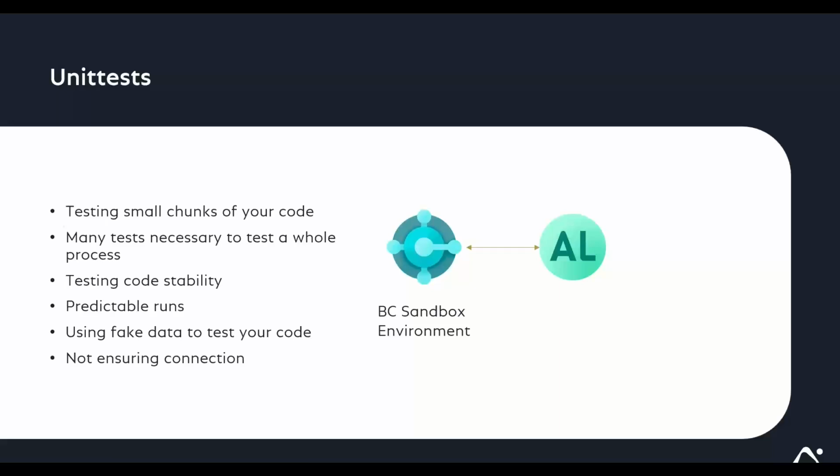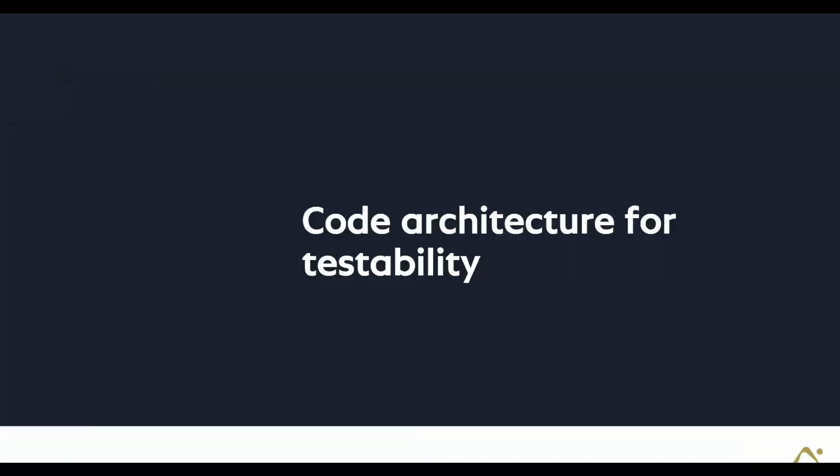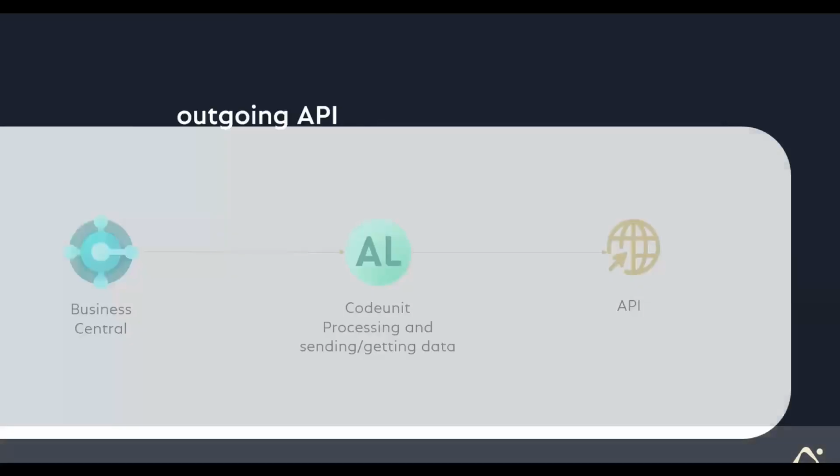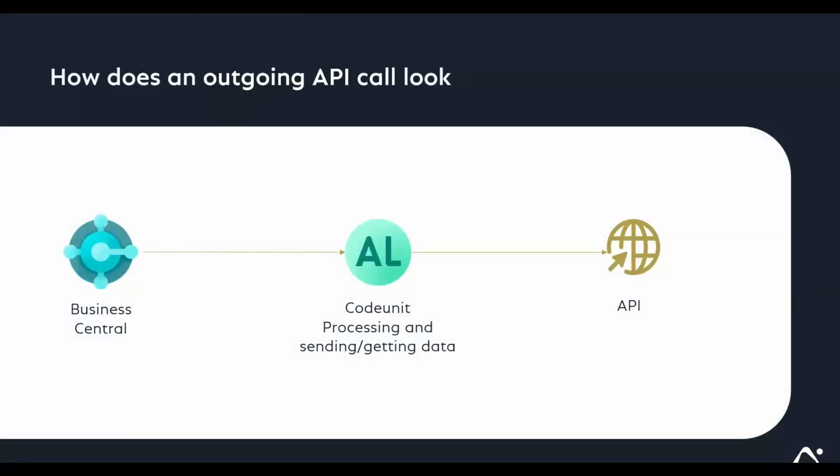So if we want to do unit testing for connected systems, we have to think about code architecture. Let's see how an outgoing API call looks in Business Central. When we want to call a foreign system API, we usually have a codeunit which is processing the data and then sending and getting data from external systems.